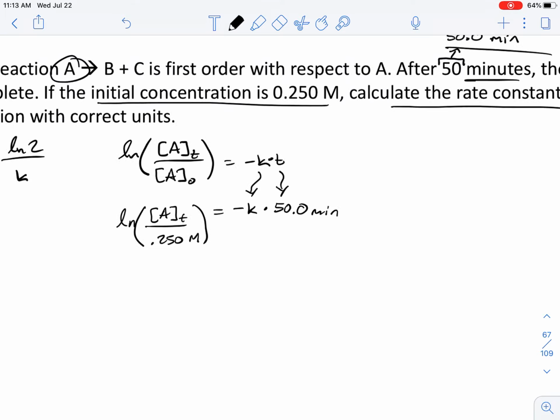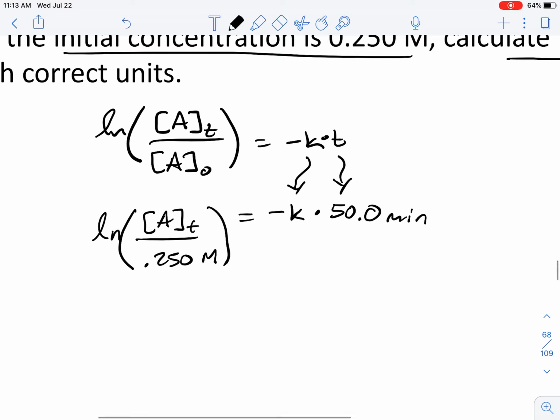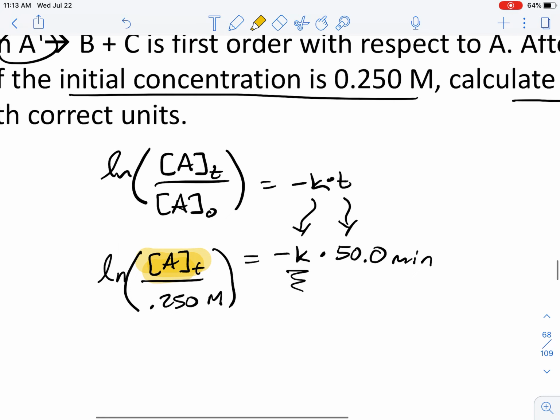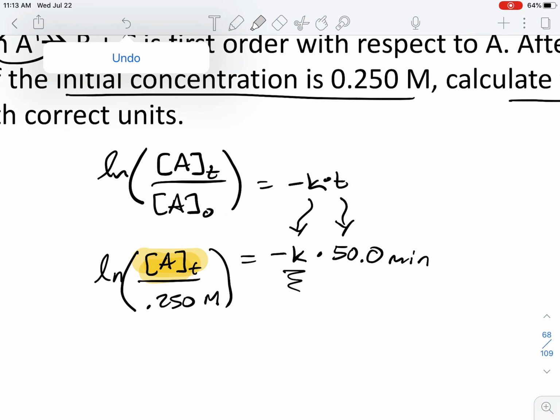This is what remains. And so here, this is what we're really solving for. And so for us to solve for, or I'm sorry, no, I take that back.